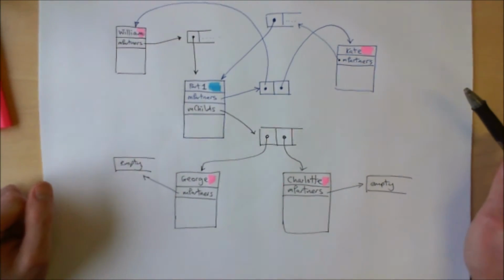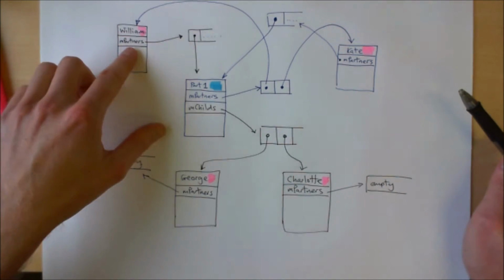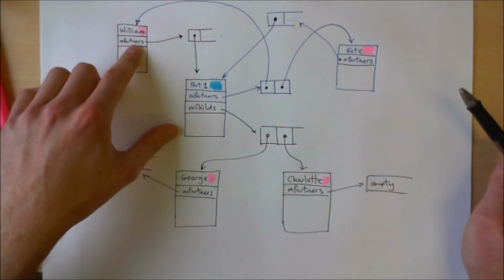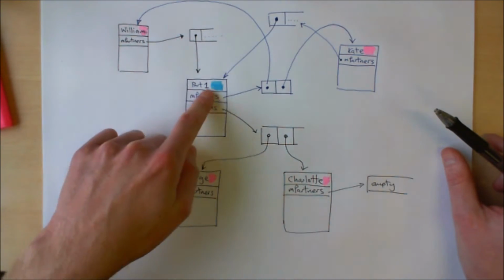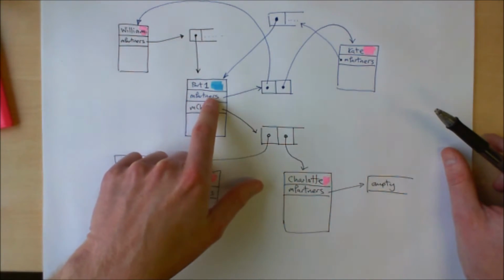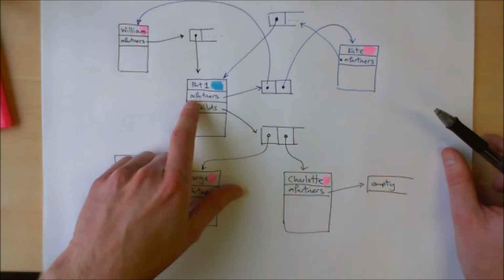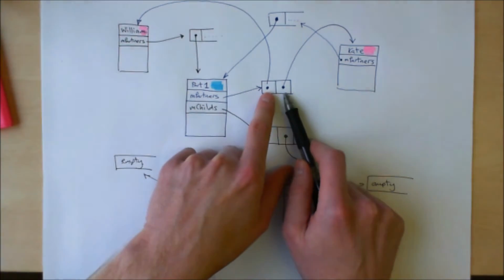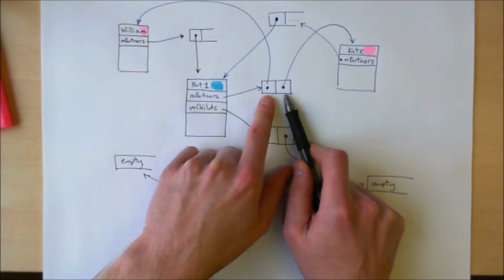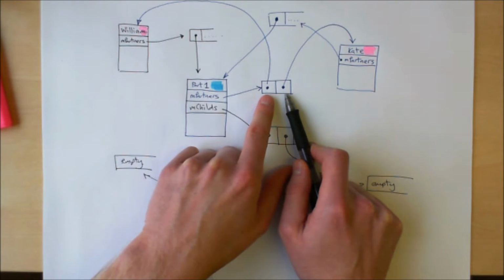So a quick review of those again. We start off with William. He has an array of m partners. It has one partnership object in it, which is this one. That partnership object has an array of person objects that contains two person objects, the persons that live inside that partnership.